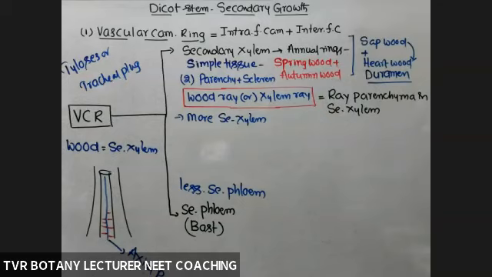What is the reason? Secondary xylem has to provide mechanical support and has to transport water and minerals against gravity. So that's why more secondary xylem is produced.